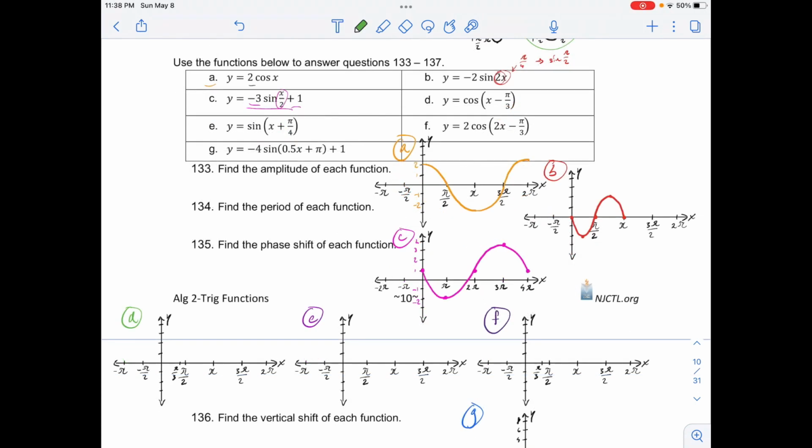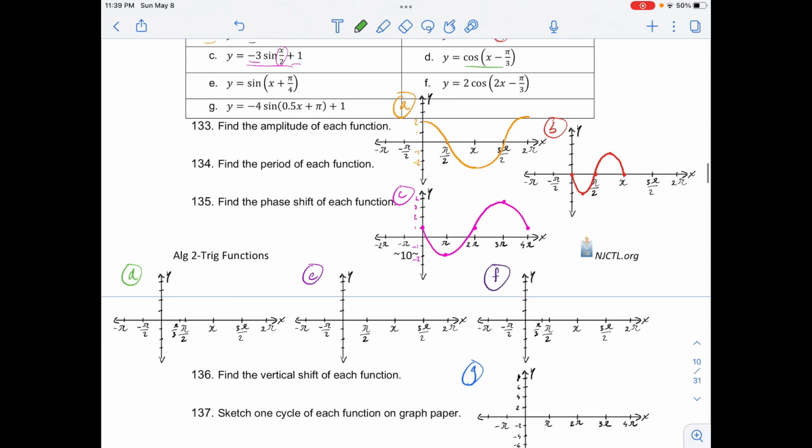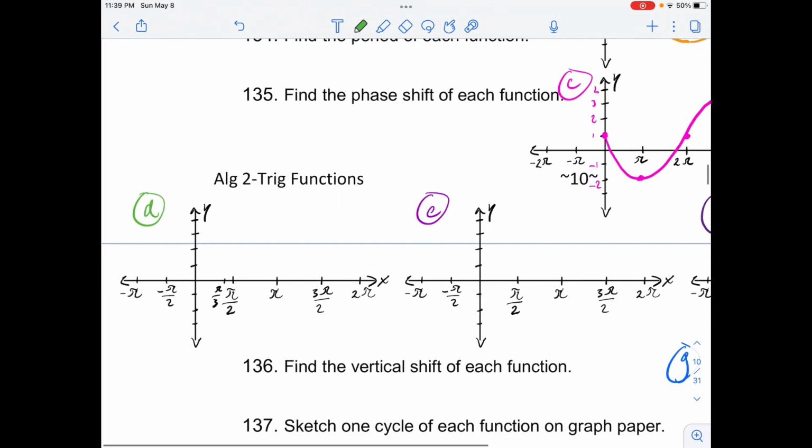Okay, moving on to D, we have cos of x minus pi over 3. So this is our cosine function, just shifted to the right by pi over 3. So what we're going to do is say that our maximum, which was at the origin, now starts at pi over 3. And then our first 0 occurs here.